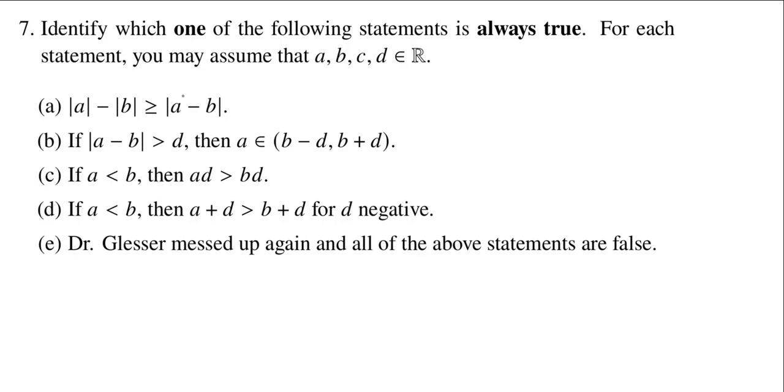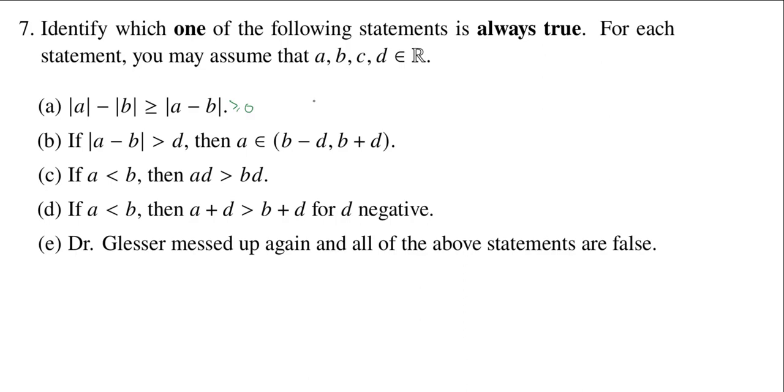Well, here's the key. I know the right-hand side is an absolute value, so this is definitely going to be greater than or equal to 0. On the other hand, it's very easy to construct examples where the difference of two non-negative numbers is negative.